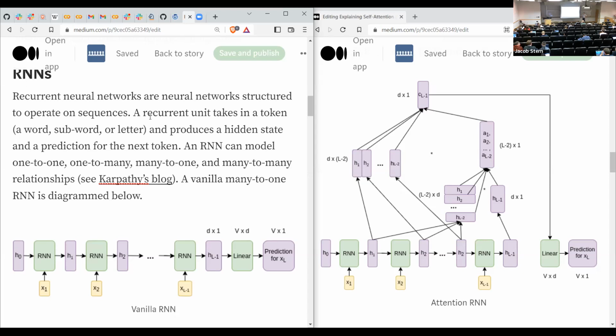Each of these attention weights represents a similarity or compatibility of our current hidden state with, respectively, each of the previous hidden states. L is the number of tokens.